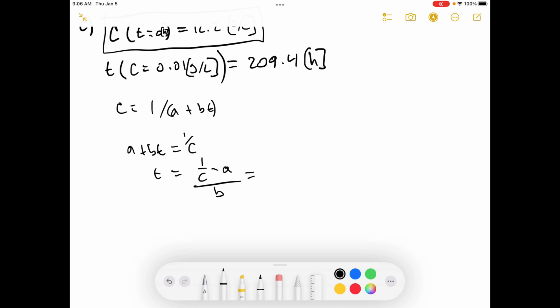The other thing is they're dumping it into a river, so you have to make sure that there's environmental codes that you're following. So you have to make sure that that concentration, 0.01 grams per liter, is a safe concentration to put into the environment.